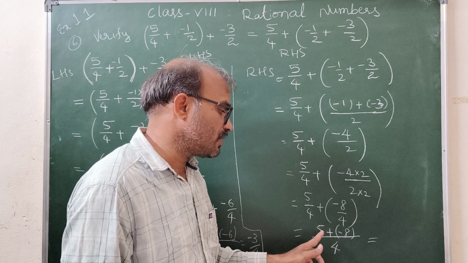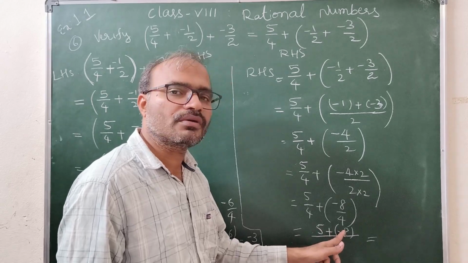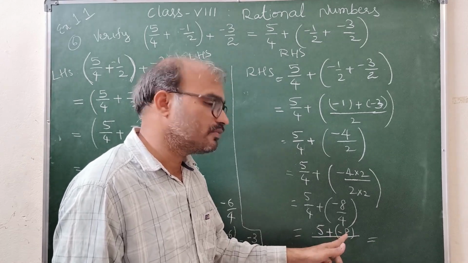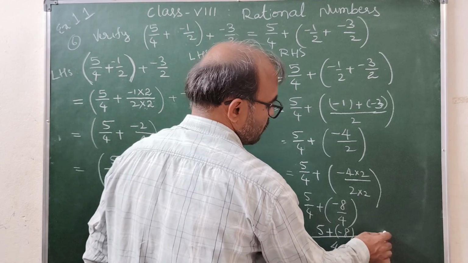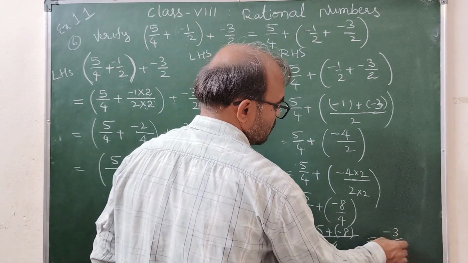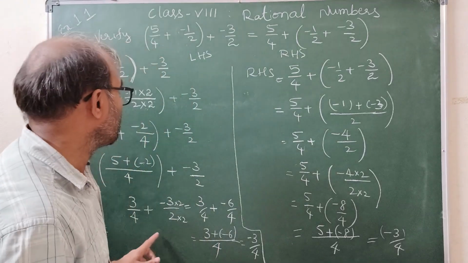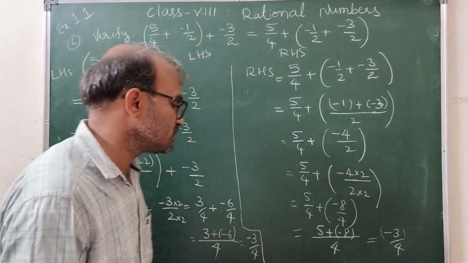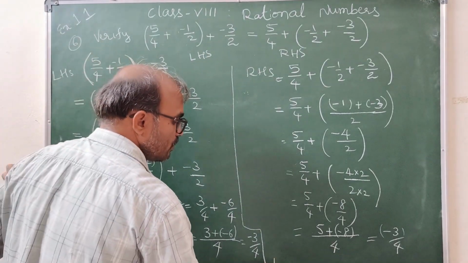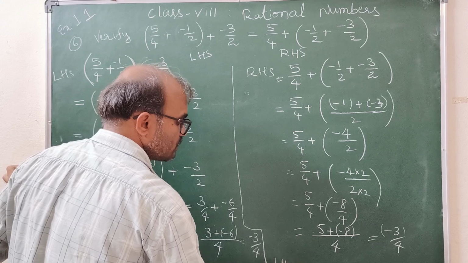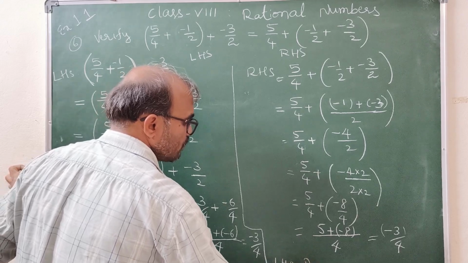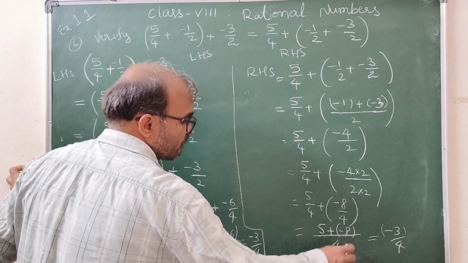If you clear, as you have 5 rupees, you can clear a borrow of 5 rupees from 8. So you will remain with a borrow of 3 rupees. So that is minus 3 by 4. Right? So therefore, LHS and RHS both are the same. Finally, you have to write: therefore, LHS is equal to RHS, verified.